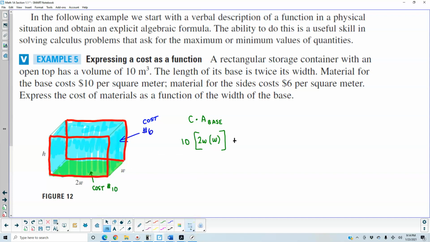That means we're going to take the cost and multiply it by 2 times the area of the face. So the cost of the sides is 6 times 2, because there are 2 of them, and the area of the face is H times 2W.